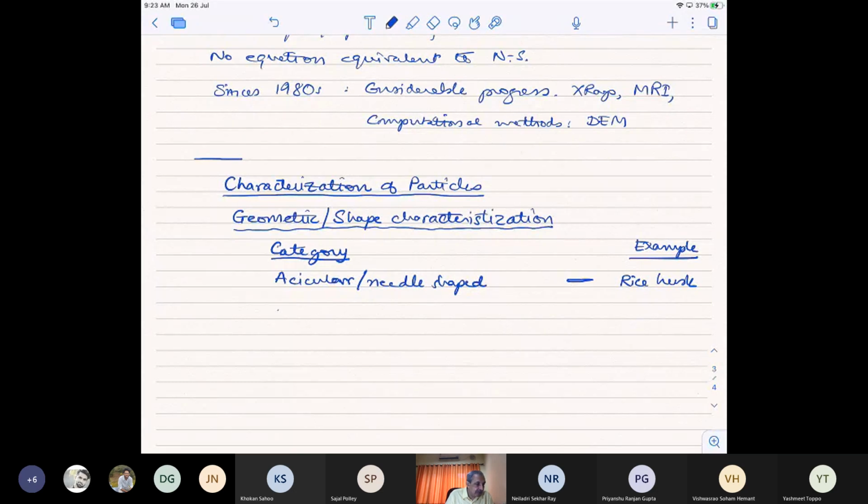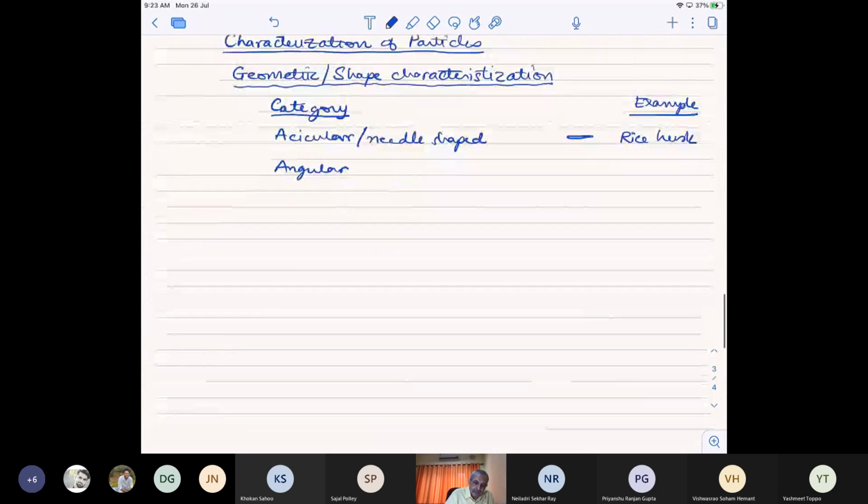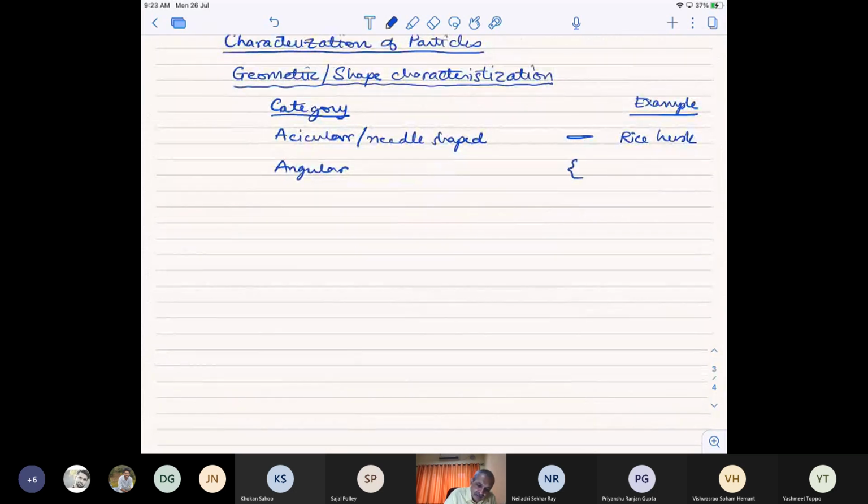Then you could have something that is angular, and here it could look like this, and the example could be gravel.